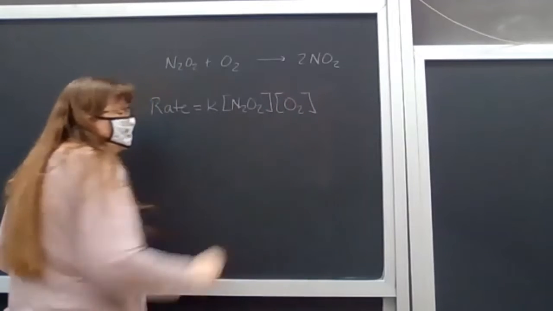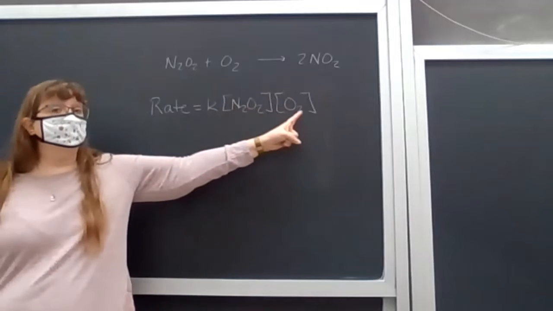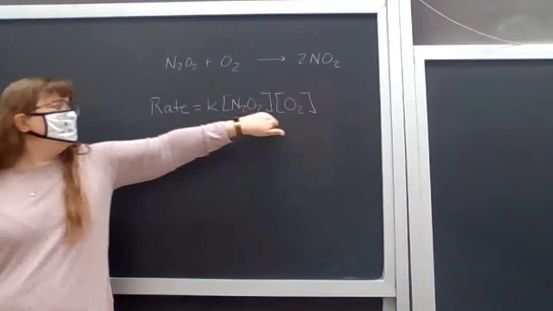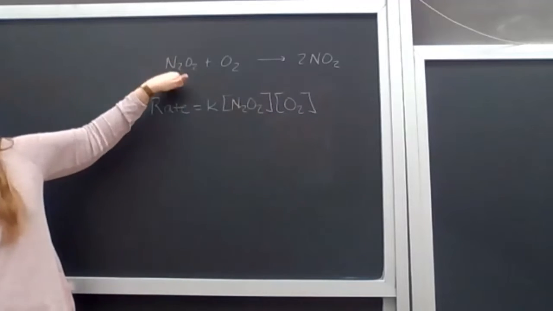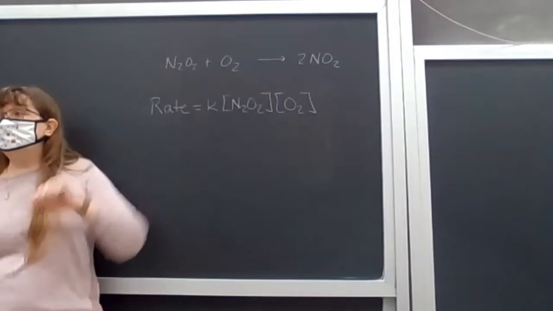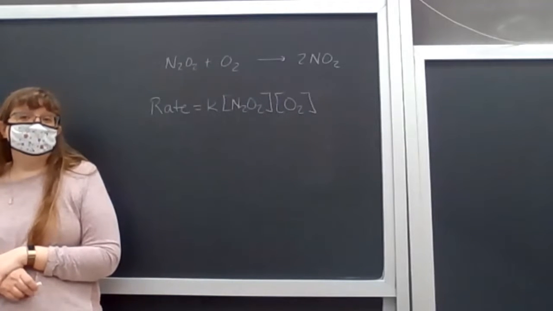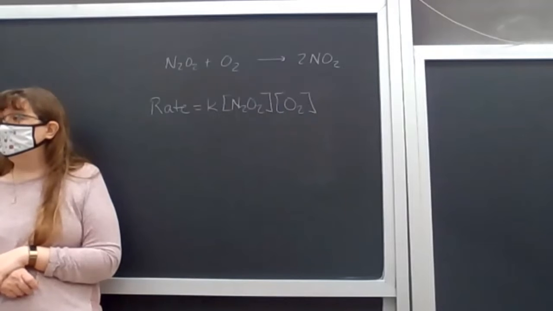Now, your rate law doesn't have any addition in it. It's all multiplication, okay? But these concentrations come directly from the reactants. Does that make sense? I'm not seeing yeses, I'm not seeing no's. Give me a second to process that.